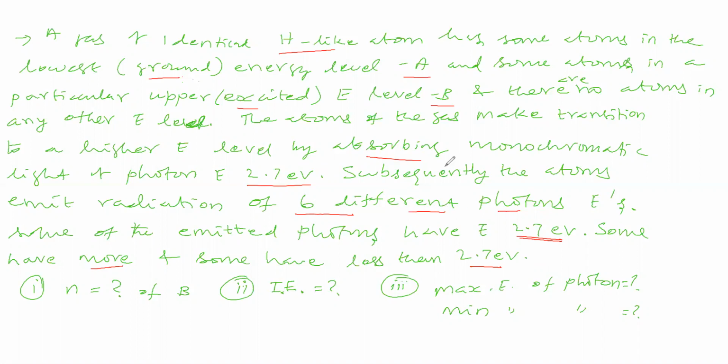Suppose jumping from 2 to 1, in that case only one photon. Starting from 3, what is the possibility? Jumping from 3 to 2, 2 to 1, or directly from 3 to 1. Therefore, 3 different photons it can emit.